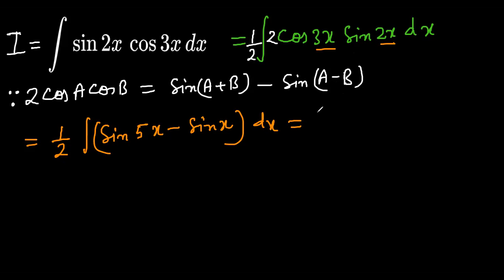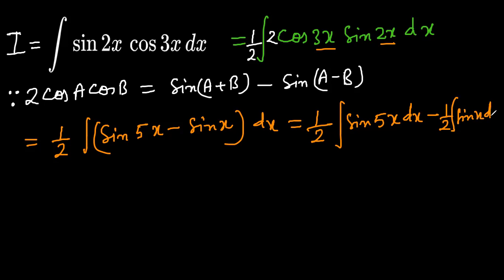Now we can open the bracket, so it will look like half times integration of sine of 5x dx, and minus half integration of sine x dx. Now integration of sine is negative cos, and again this is 5x, so you will divide by the differentiation of this 5x.